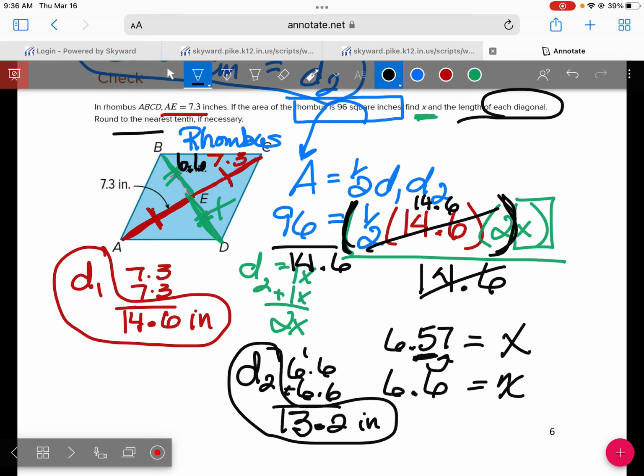And the diagonals bisect each other. That means they cut each other in half. So the other side is going to be the same amount. So 7.3 plus 7.3 is 14.6. And that's shown in this picture right here in red. If this is 7.3, this is 7.3 also. Does that make sense? So that is my first diagonal.